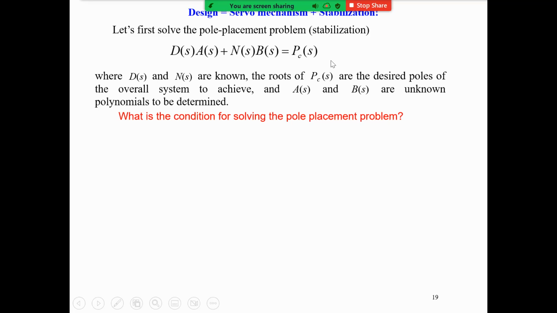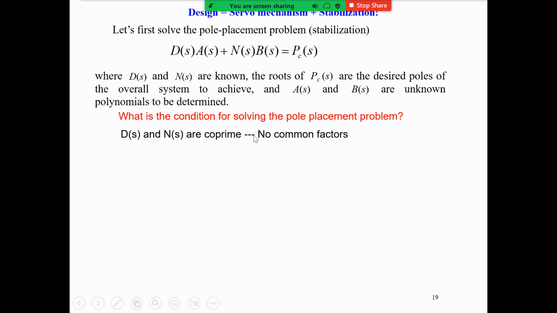First, we have to be very clear about the conditions to solve this problem. Algebraically, it's very simple. D and N should be co-prime. They have no common factors. If they have common factors, you see on the left side there is a common factor. You can take out that common factor, but then on the right side, that common factor has to be a part of the desired polynomial.